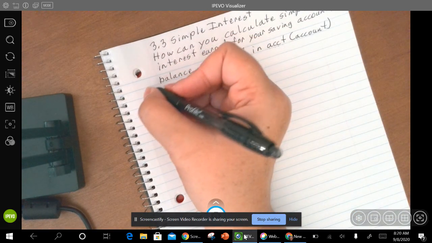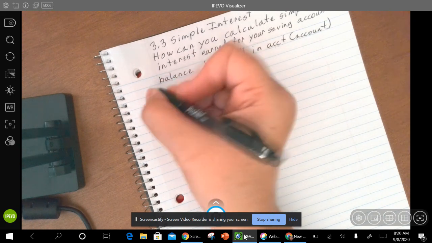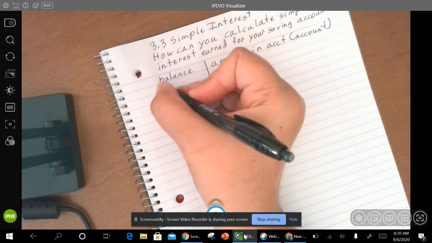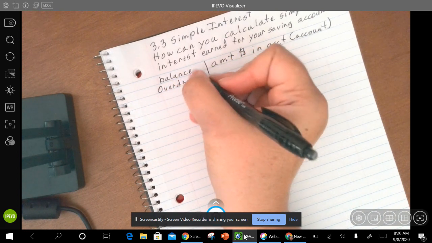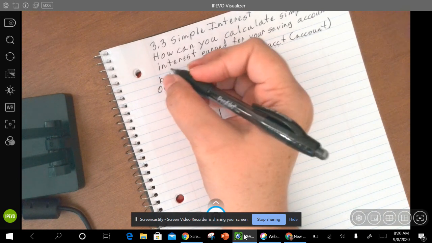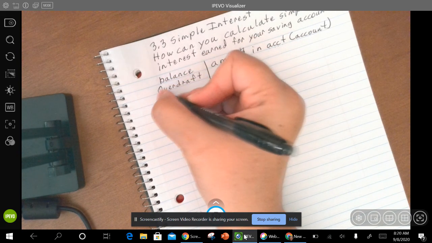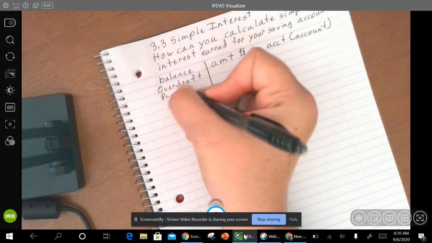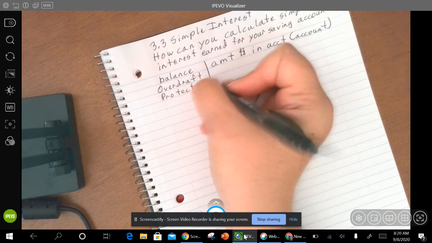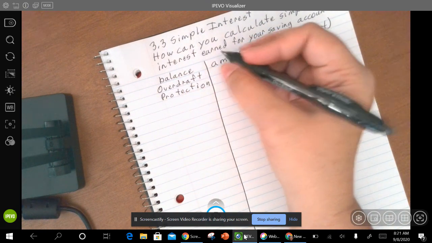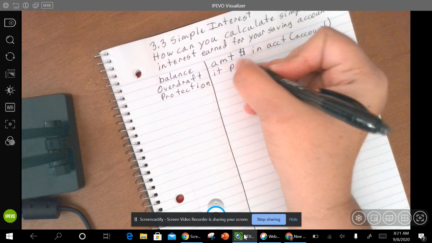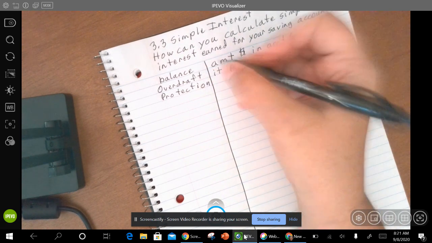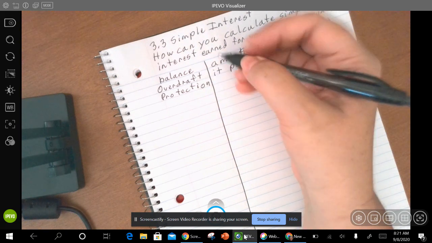For checking, and this also goes for credit card accounts too, you can have what's called overdraft protection. And you need to be careful about this. So I had a student a couple of years ago, she turned 18 and all of a sudden they started charging her overdraft fees.